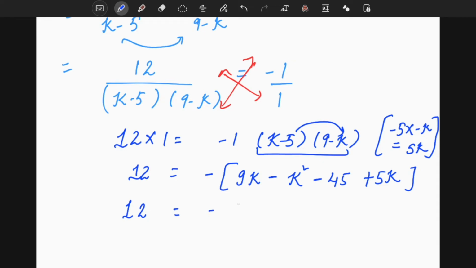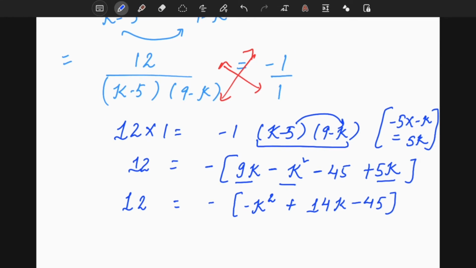After that, now we will solve this bracket. This is minus k square. Always start from the highest power. First of all, we write the square, after that power 1, after that the constant. This is k square, 9k plus 5k gives us 14k, and this is minus 45.